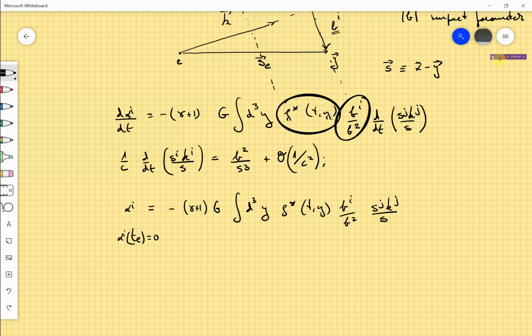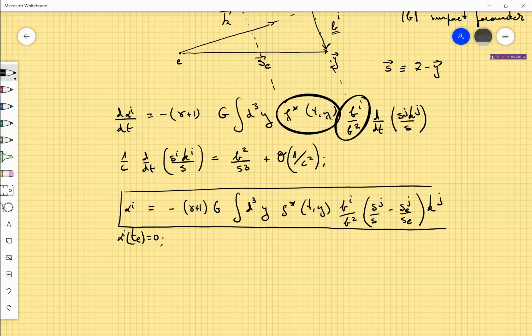When you impose this, you find an expression which is identical to this, but evaluated at emission time. So you can write all this as Sj divided by S minus Sej divided by Se, multiplied by Kj. And this satisfies this initial condition. Okay, so we have found the expression for alpha I that we were after.